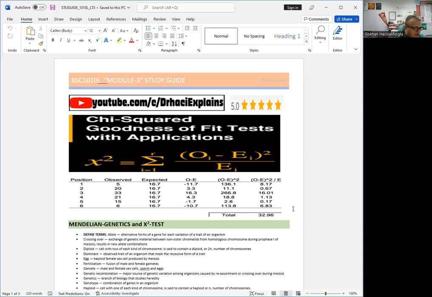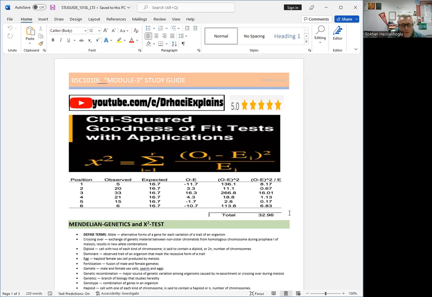So this is chi-square analysis. Make sure you bring a calculator, carefully calculate and compare these values, and find your conclusion.